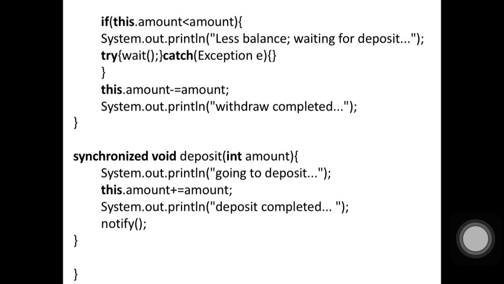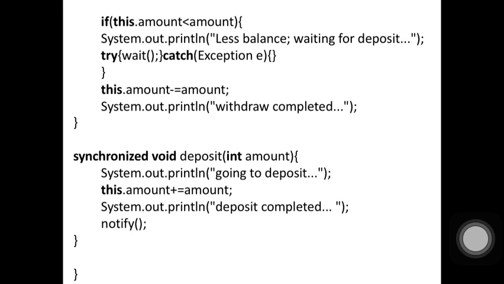Here it accepts one integer parameter, amount, and shows the values, going to deposit, and here it simply adds the amount to the class variable, this.amount plus equal to amount, and shows deposit completed. So once it is over, it notifies the thread. In the sense, now it is releasing the monitor and notifying the remaining thread which is waiting for the monitor to execute.